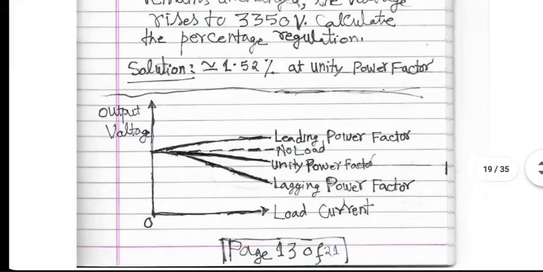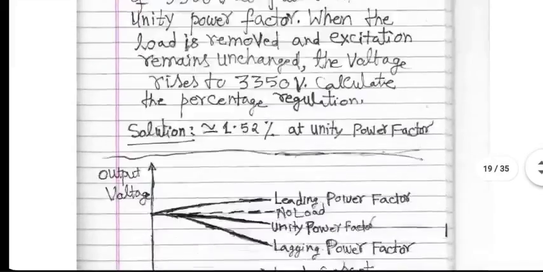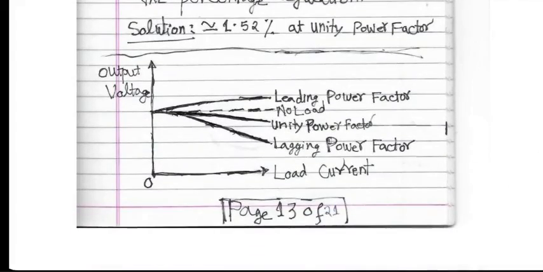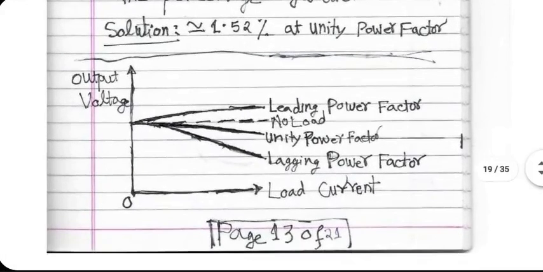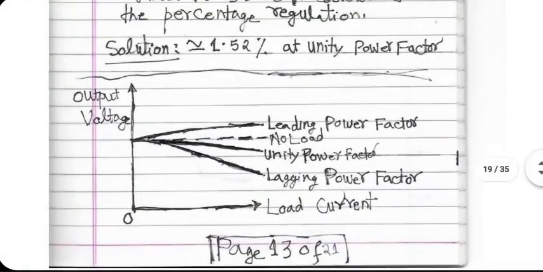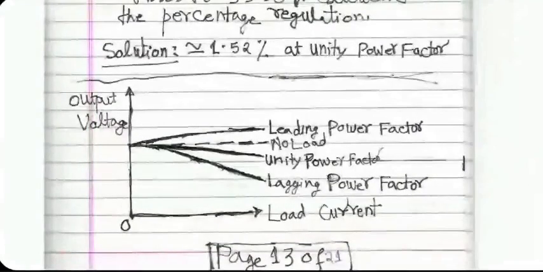That's what we saw in this one. And for lagging power factor, the drop in the full load voltage compared to no load value is even higher. So this graph, although it is not quantitatively correct, is a qualitative description at least of how the output voltage increases or decreases with the nature of the power factor.